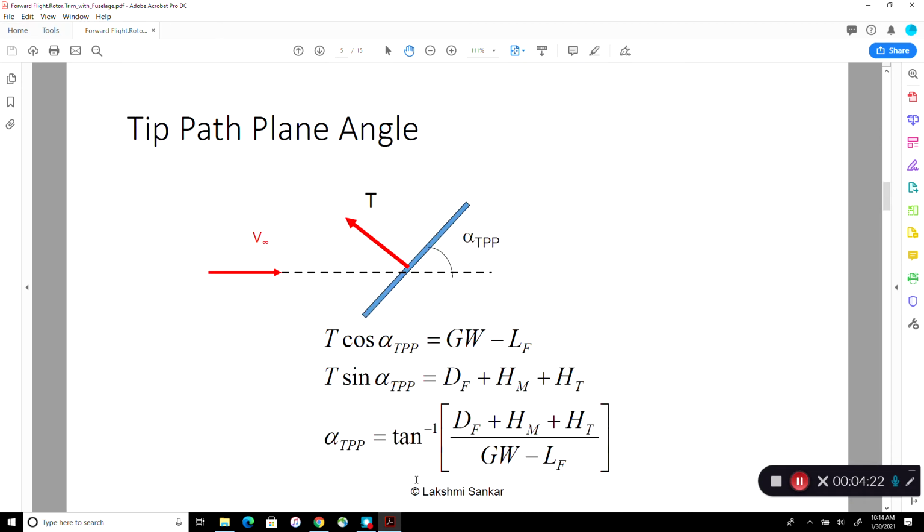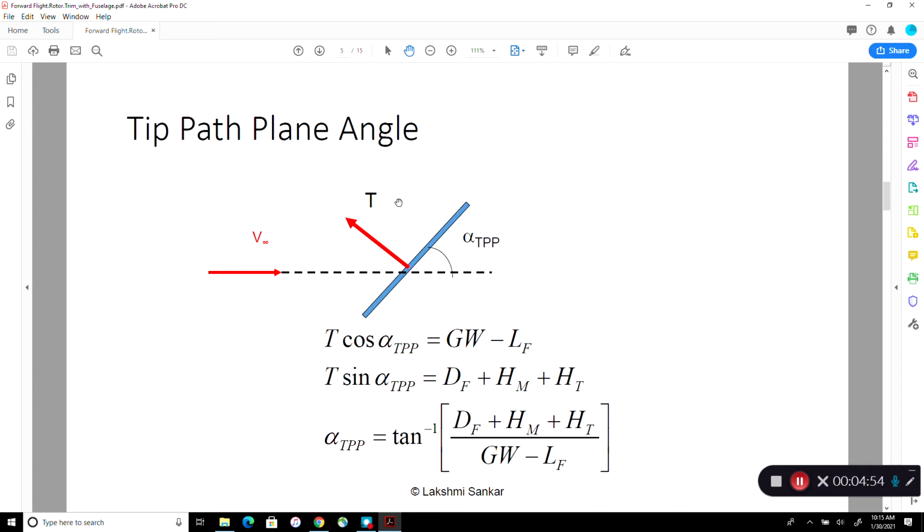So what it does is it tilts the disc forward so that the forward component of the thrust overcomes the drag of the fuselage, H force from the main rotor, and H force from the tail rotor. The vertical component of T, remember this is alpha tip path plane, therefore this is 90 minus alpha tip path plane. Therefore, if you draw a vertical line here, this would be alpha tip path plane.